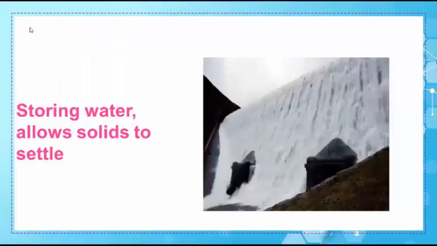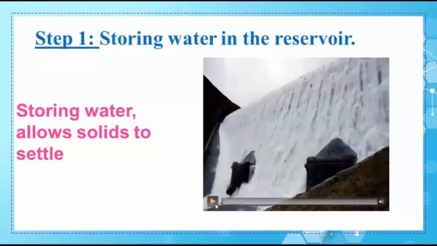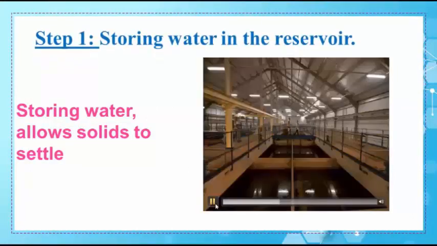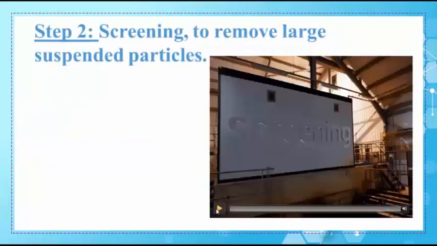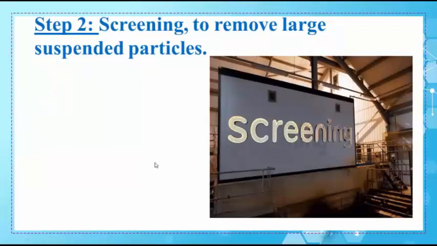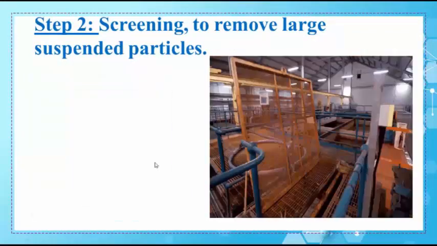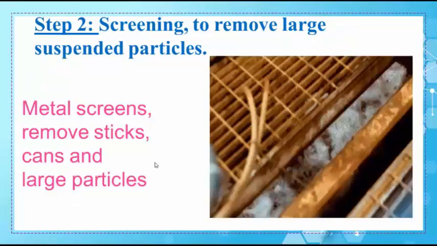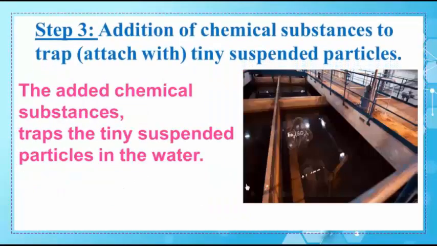Let's start with the first step, which is storing water in the reservoirs. Storing water in the reservoir allows solids to settle down. Step 2. Screening to remove large suspended particles. During screening, bar screens are used in order to remove sticks, cans, and large particles. Step 3.